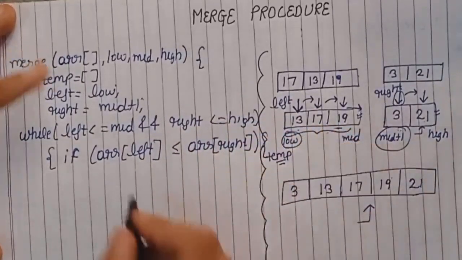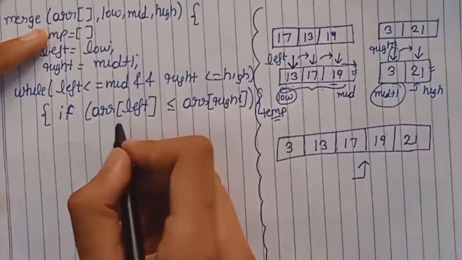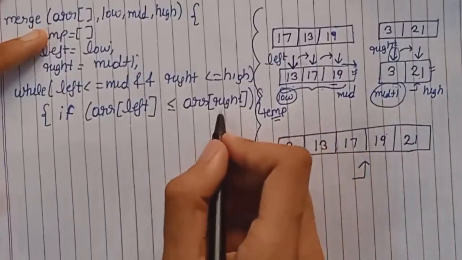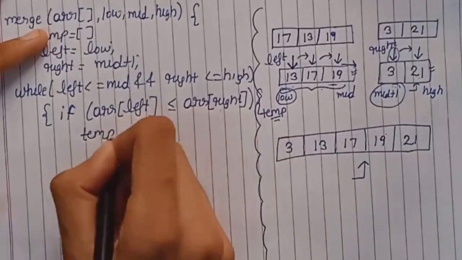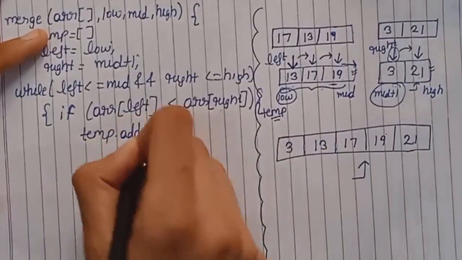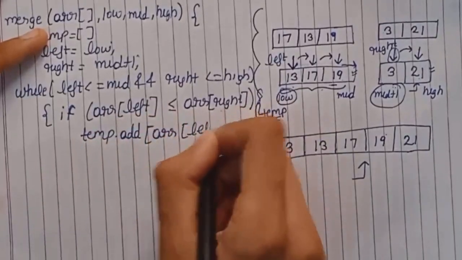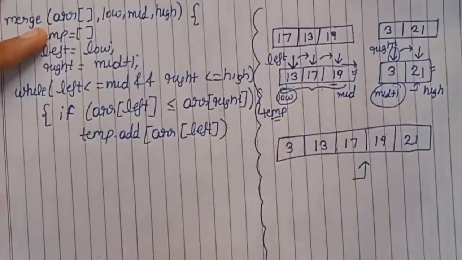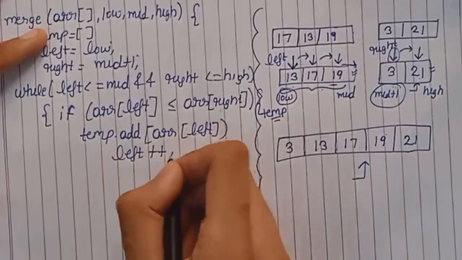So if the element at the left pointer is less than or equal to the element at the right pointer, then we will add that left pointer element to our temporary array and we will increase left by 1.